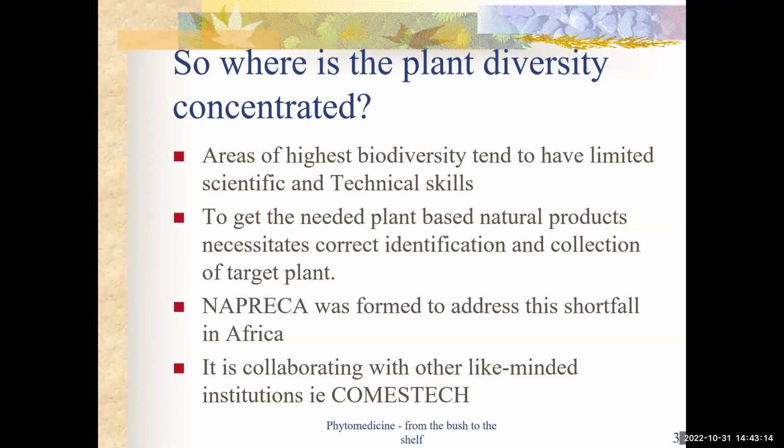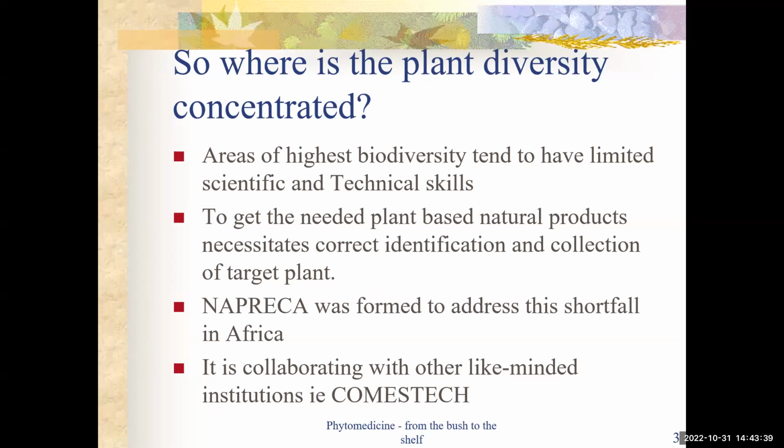Now, NAPRECA was actually formed to try and address this problem, because the technical know-how was low, it didn't have the machines needed, and therefore NAPRECA was formed so that we could look at ways of improving on the digitization of our plants.